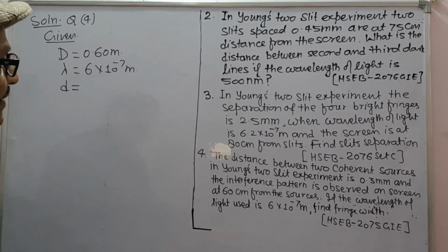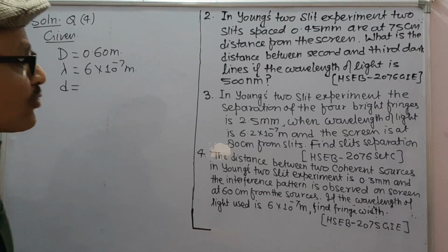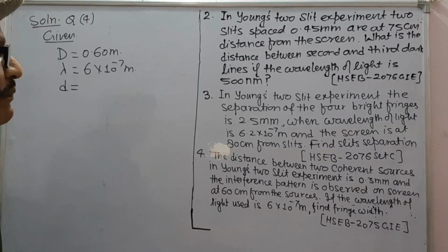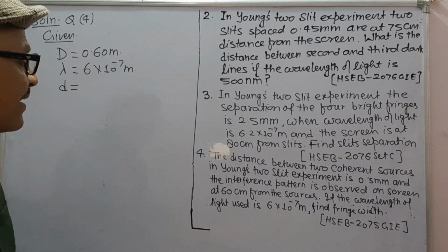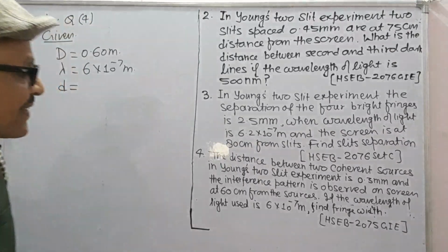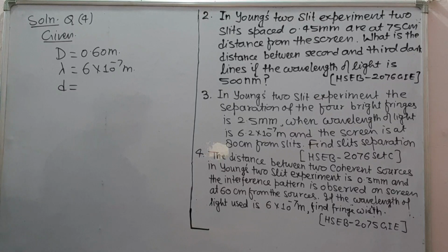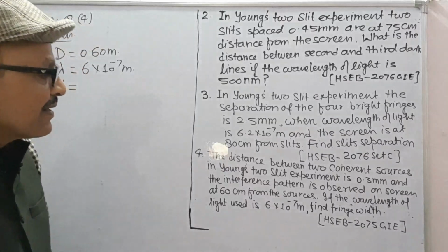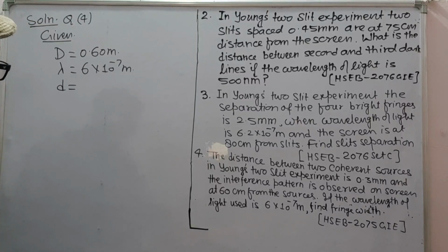Now the fourth question. The distance between two coherent sources in Young's two-slit experiment is 0.3 millimeter and the interference pattern is observed on a screen at 60 cm from the sources. If the wavelength of light used is 6 into 10 to minus 7 meter, find the fringe width.